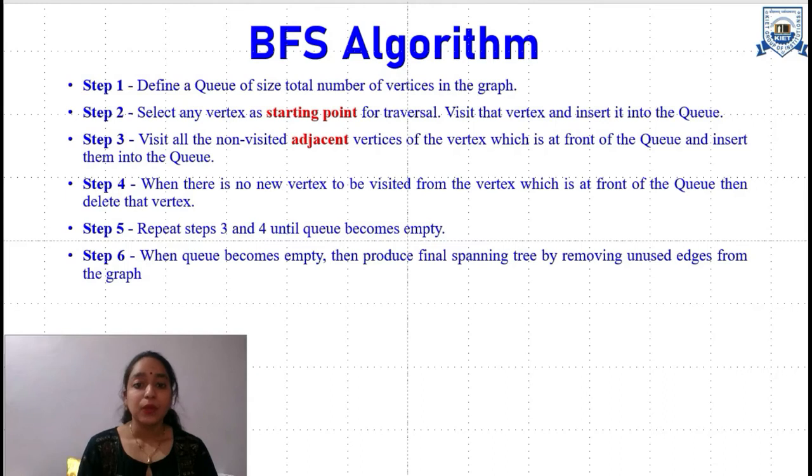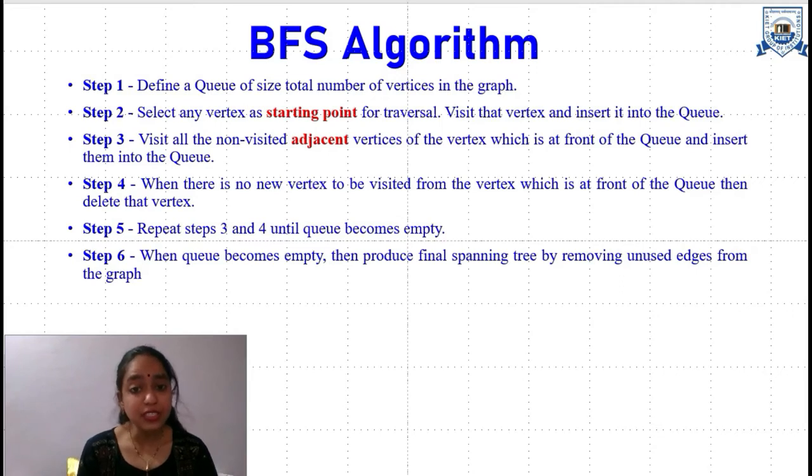Whenever we perform the traversal, we delete one vertex from the front end of the queue, find the non-visited adjacent vertices of this vertex, and insert all of them into the queue from the rear end.